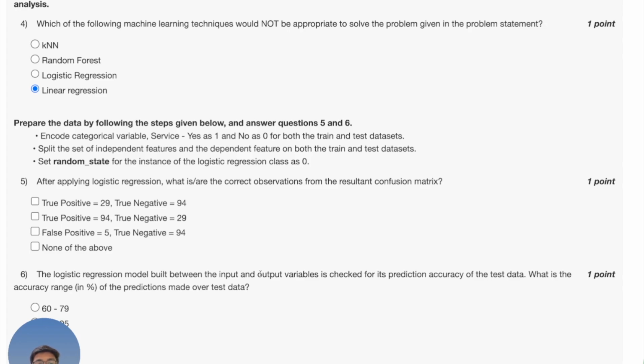After applying logistic regression, what are the correct observations for the resultant confusion matrix?